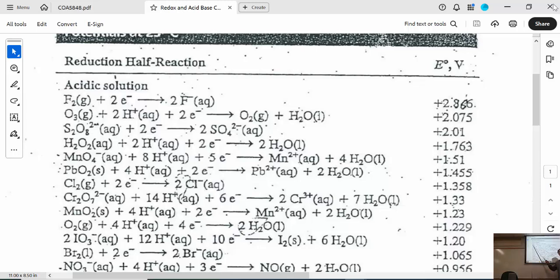Can you think of another oxidizer that's way more powerful than fluorine? Some people have to worry about this oxidizer around LA. Here in Torrance it's not so bad, but if you're in Pacific Palisades, Malibu, or Palos Verdes, you might worry about it a little bit.